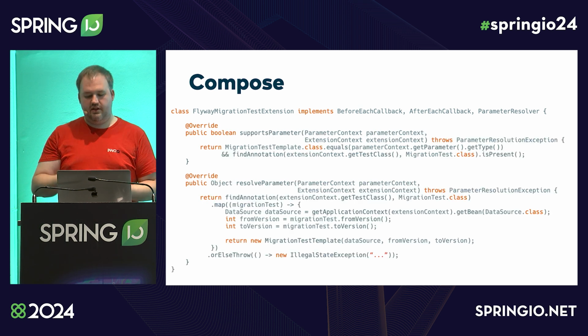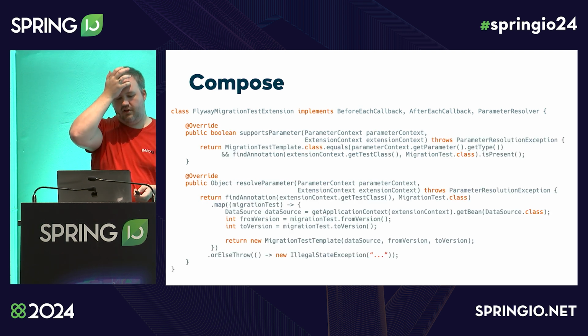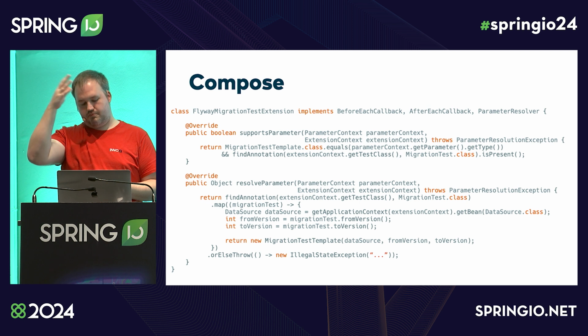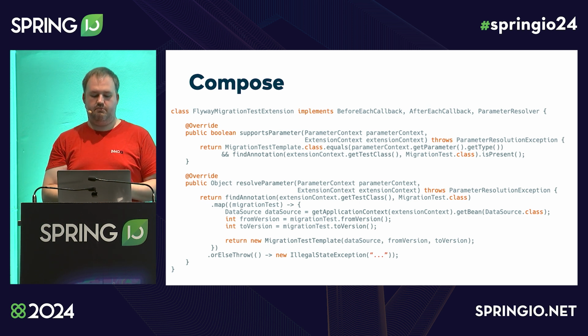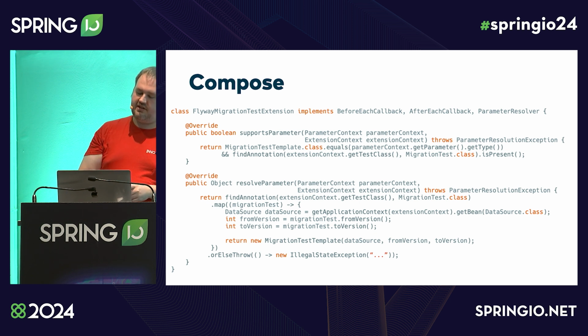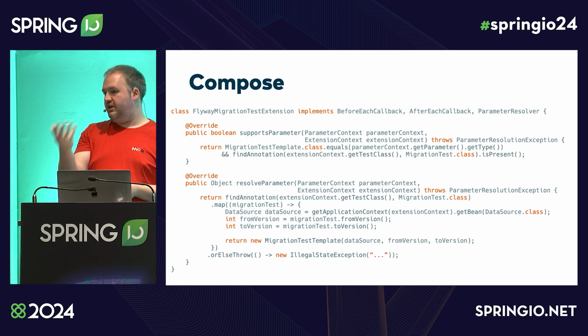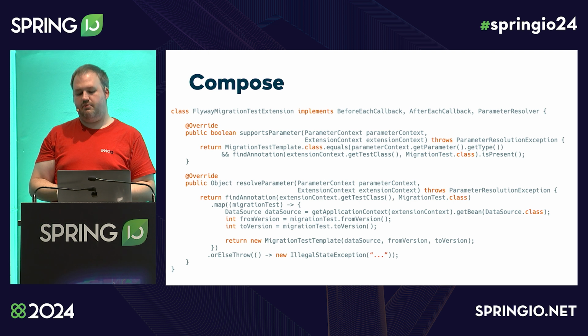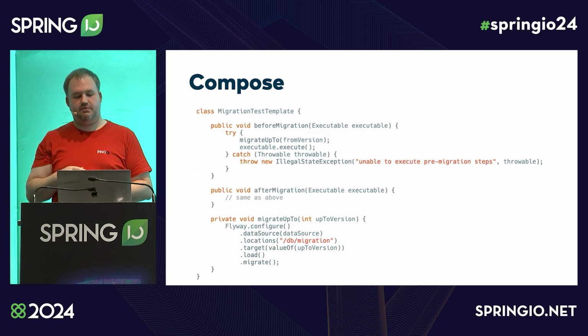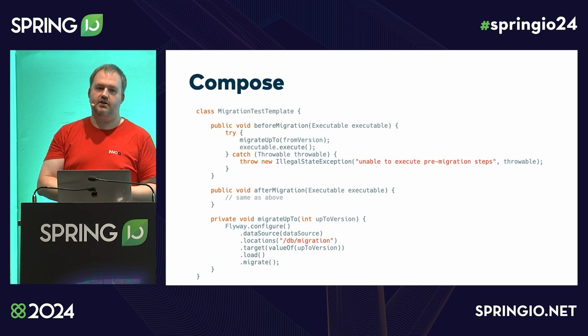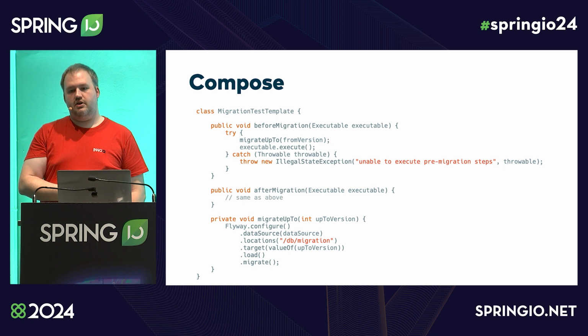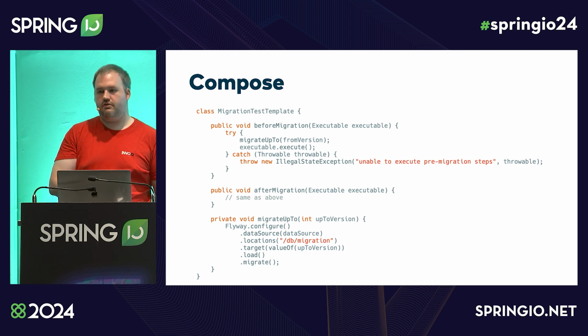And then we again need a parameter resolver which provides us with this migration test template that needs access to the data source, which we can extract out of the application context, like we did with the clock in the example before. And then this migration test template is just plain Java code, which uses Flyway under the hood directly to run the migrations. And we used that to test multiple migrations there, and it worked.